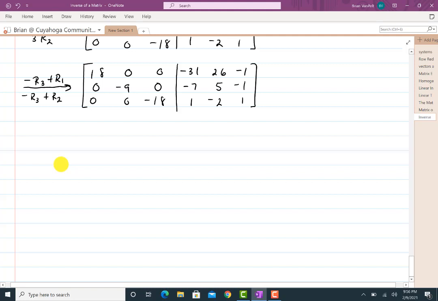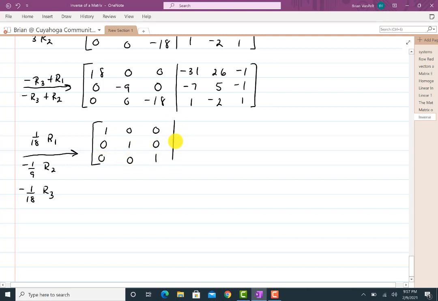So I am going to take 1/18 of row 1. I'm going to do negative 1/9 row 2, negative 1/18 row 3. And let's see what we get.